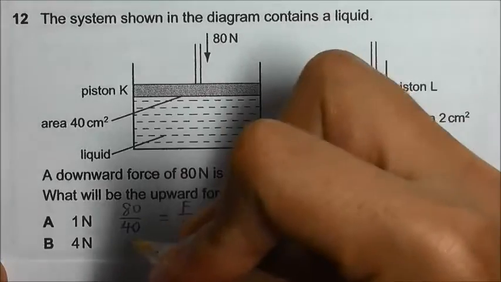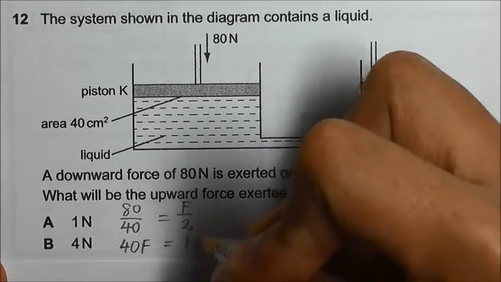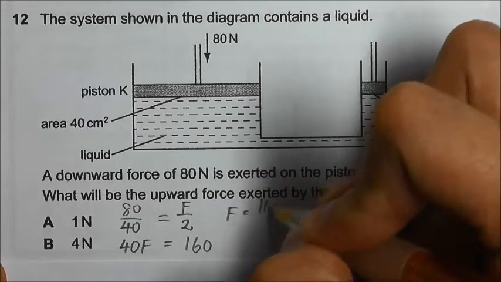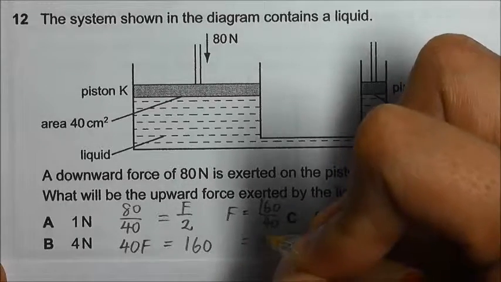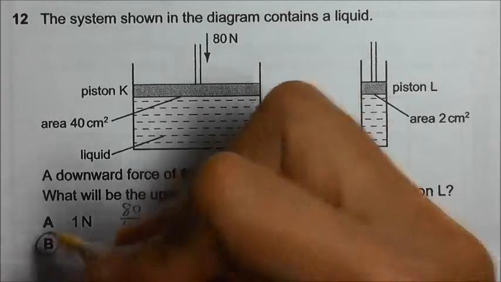So we'll get 40F is equal to 160. So F is equal to 160 divided by 40, so it's equal to 4 Newton. Answer B.